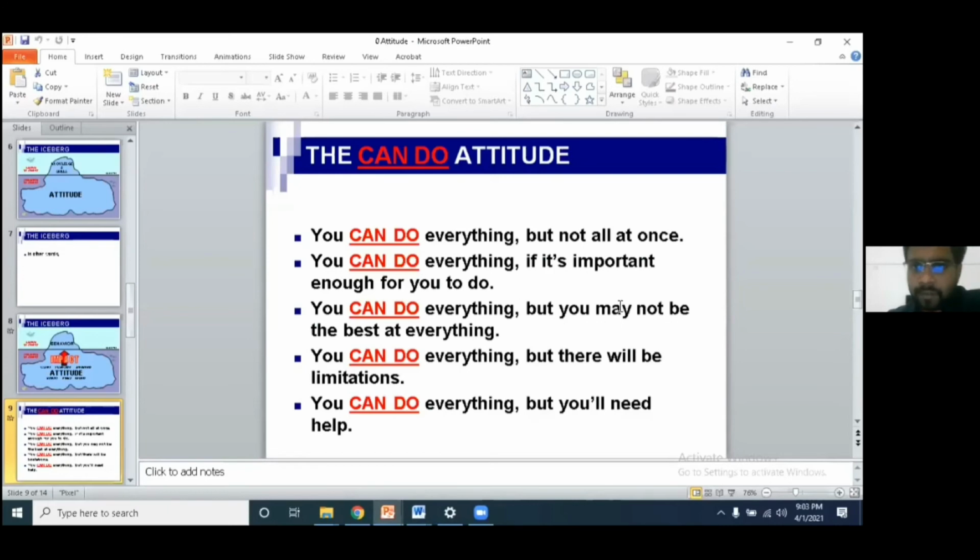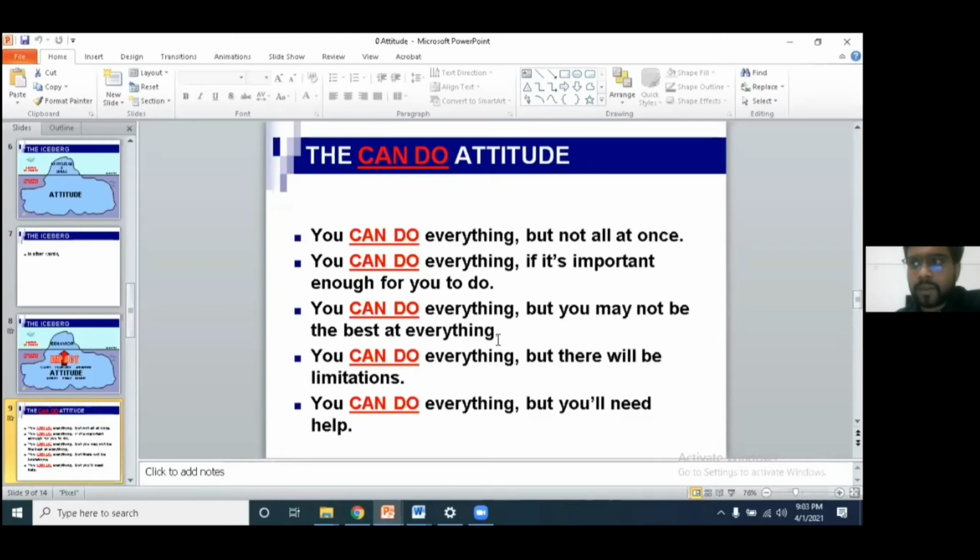You can do everything if it's important enough for you to do. You can do everything, but you may not be the best at everything. All of us know that we can do everything, but we can't be the best in everything.